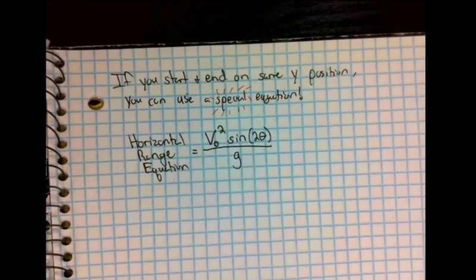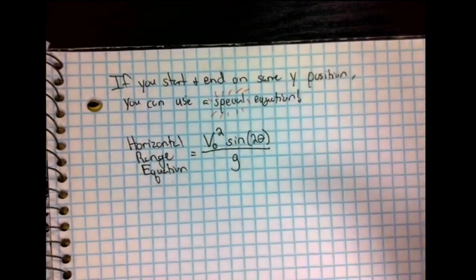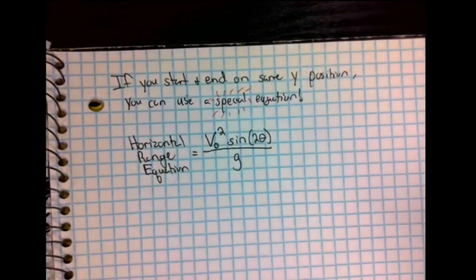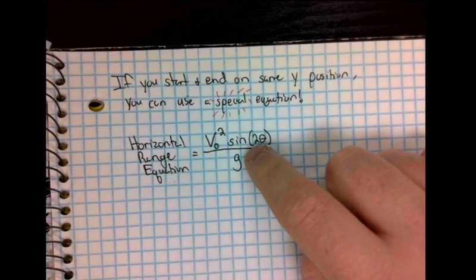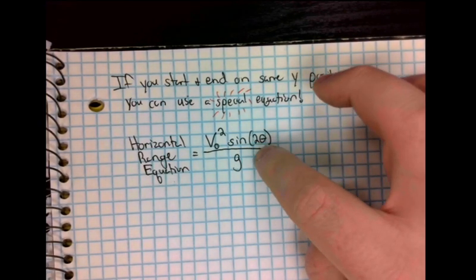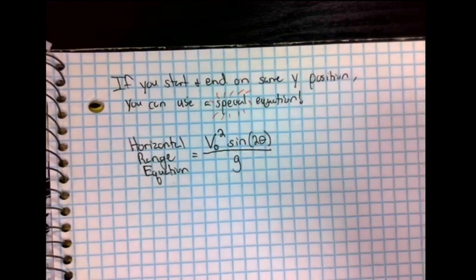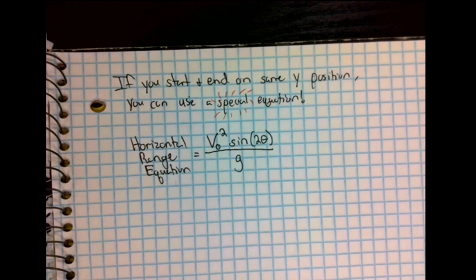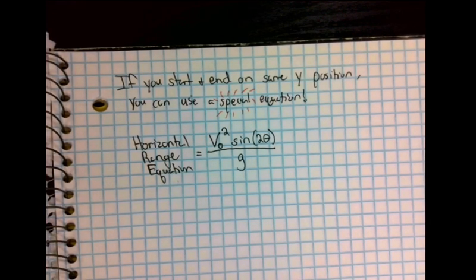But basically, you're going to take whatever your initial velocity is, not even the components, just the initial velocity, multiply by sine of double the theta value, double the angle it's being projected at, and then divide it by the gravity of whatever situation it is. So you don't actually need to have that as negative.